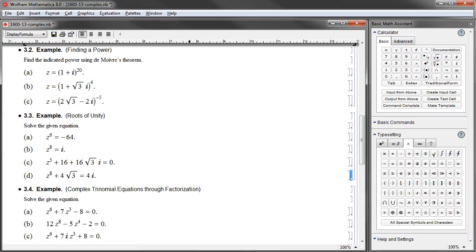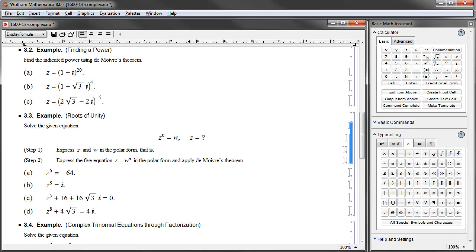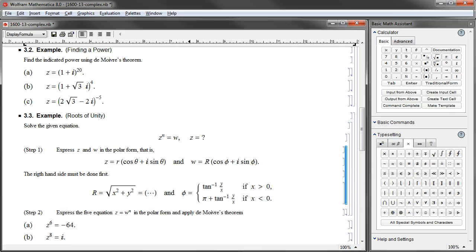By the way, I wrote down the general algorithm here. Express z and w in polar form. When w is r cosine phi plus i sine phi, we can find the capital R, the modulus of the right hand side, by the usual method, square root of x squared plus y squared.